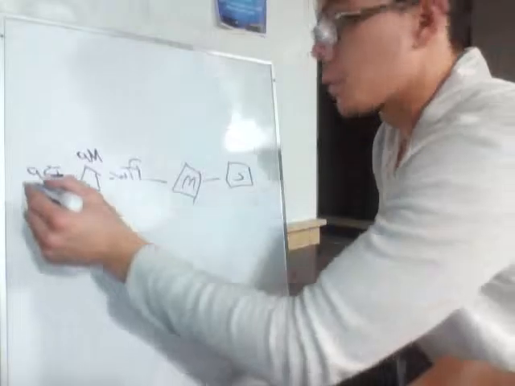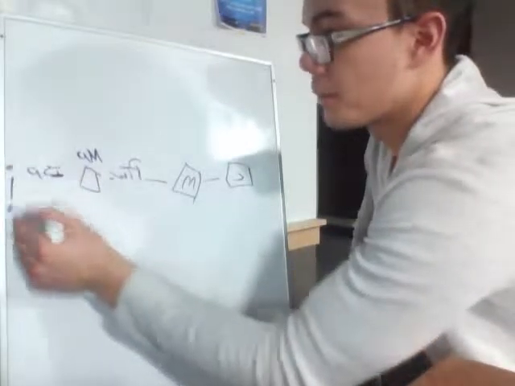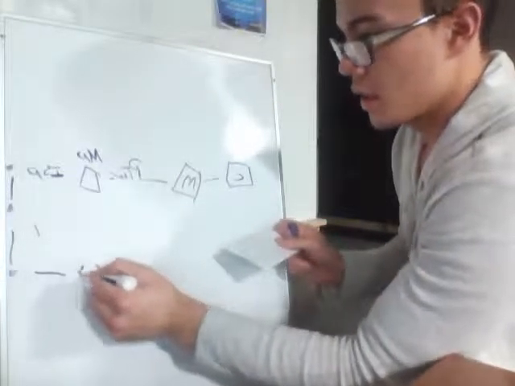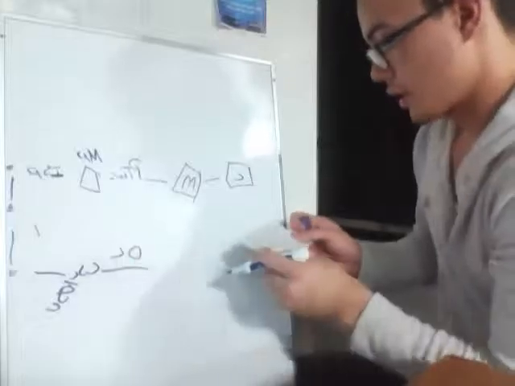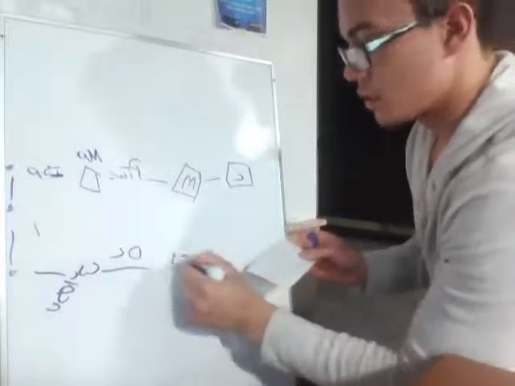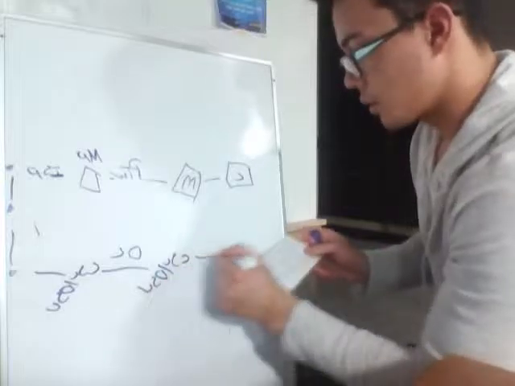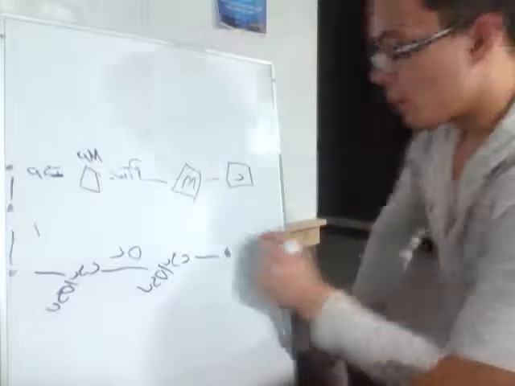And then we have the routers right here. I'll just put a little circle for the routers. And then they transfer through the CSU and the DSU through the dedicated line, which I'll put DL, and then again the CSU to the DSU, back to the router, which is again the little circle, back to the other computer.